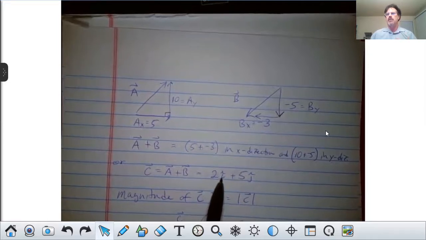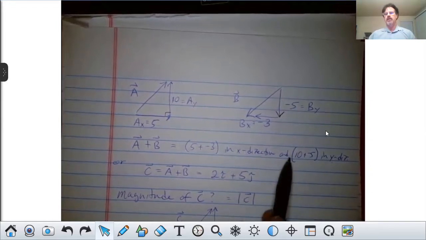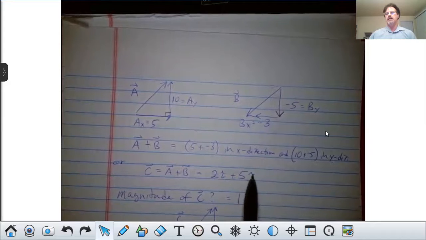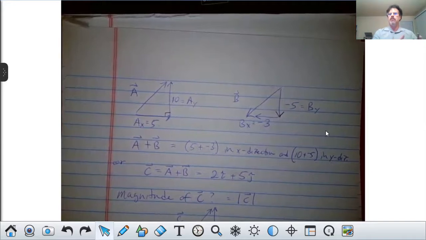I just put an i with a hat, or i hat, next to it. This tells me that it is the x component. For the y component, I get 10 plus negative 5, or 5, and I put a j with a hat next to it. So it's really just a notation to tell me that I've got 2 units in the x direction and 5 in the y direction.